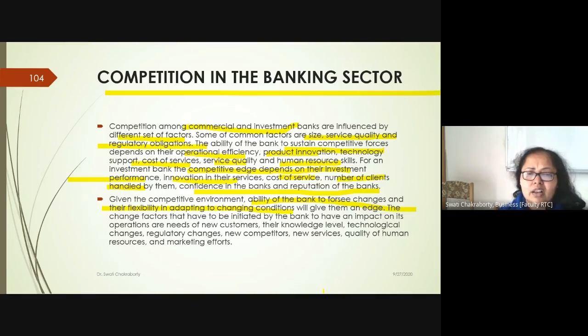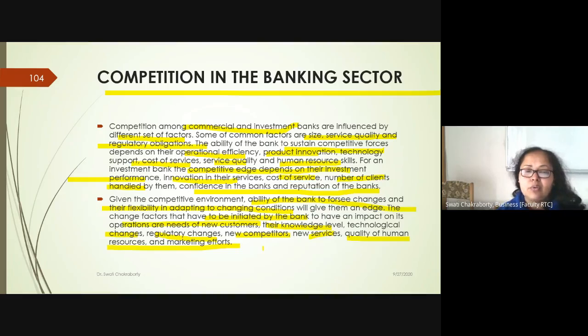So these changes, and the change factors that have to be initiated by the bank to have an impact on its operations, are based on the needs of their customers, their knowledge level, the technological changes, the regulatory changes, new competitors, new services, quality of human resources, and marketing efforts.